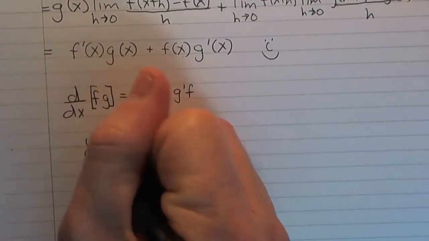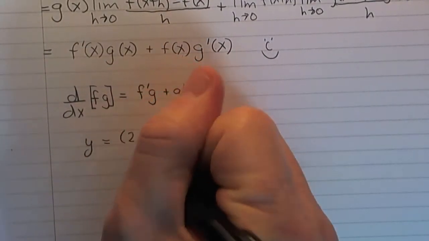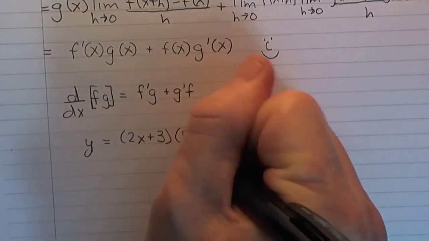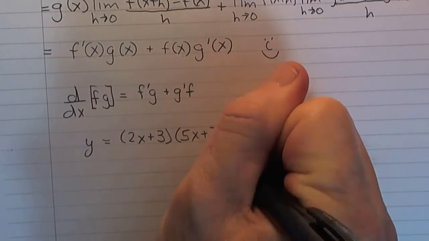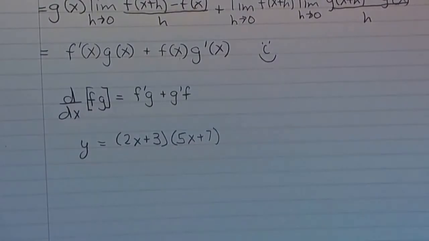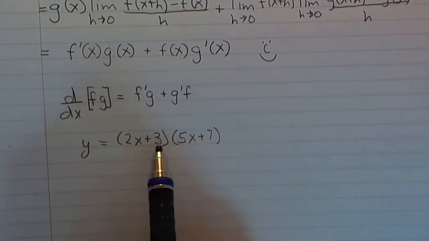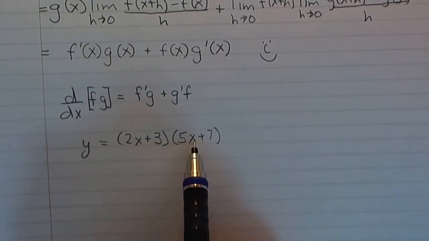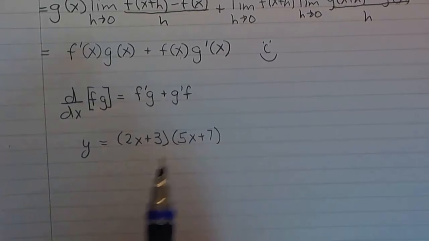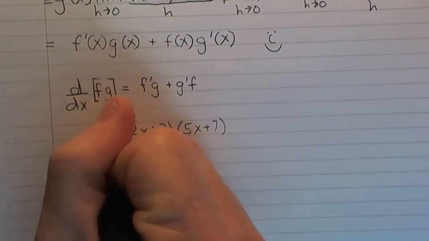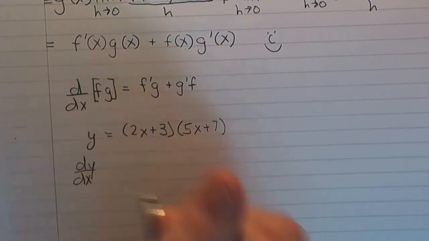Let's suppose that we've got a function like 2x plus 3 times 5x plus 7, something like that. And we want to differentiate this. Now, of course, you could multiply this out and then use the power rule, term by term. But here's how it would look using the product rule.